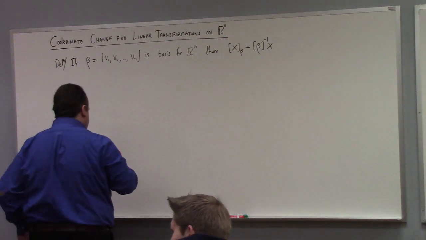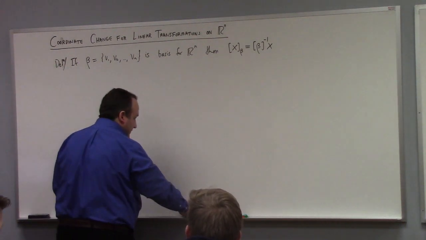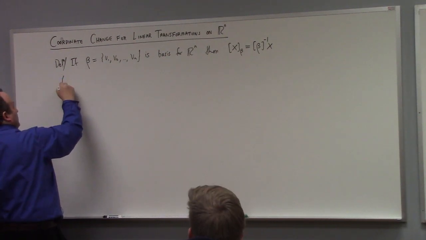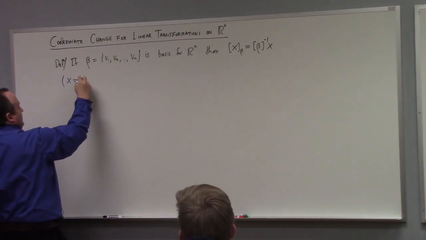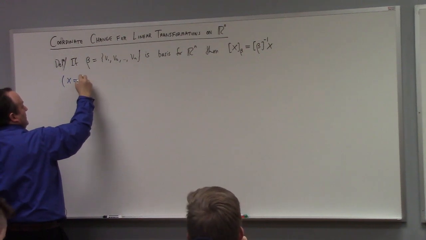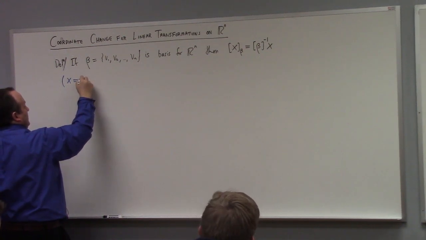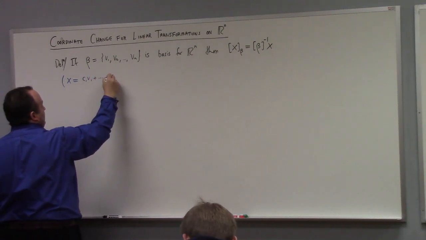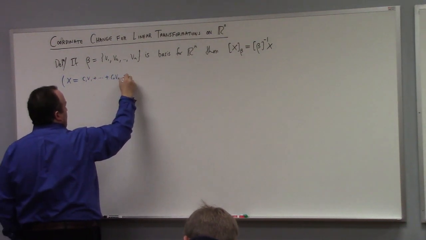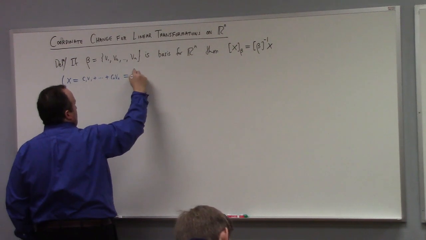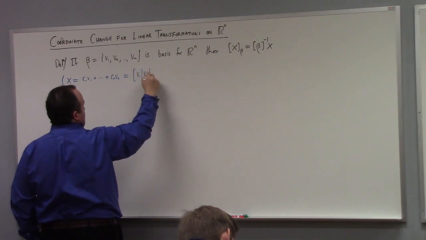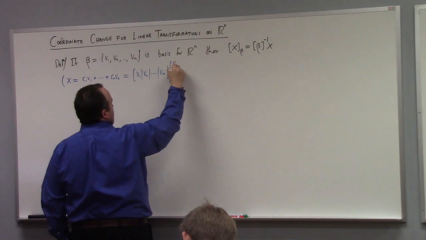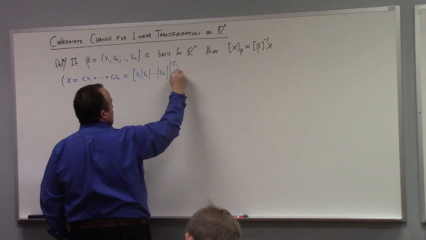So just to remind you why that was true, the calculation goes like this, right? So x is equal to, let's say, I'll use c's this time, C1 V1 plus ... plus Cn Vn. We can rewrite that as the matrix V1, V2, ..., Vn times the column vector C1, ..., Cn.